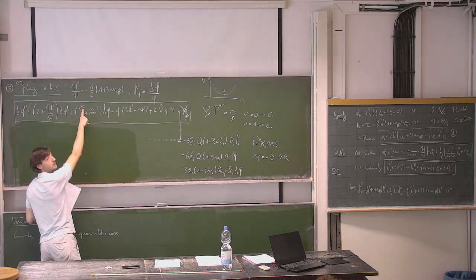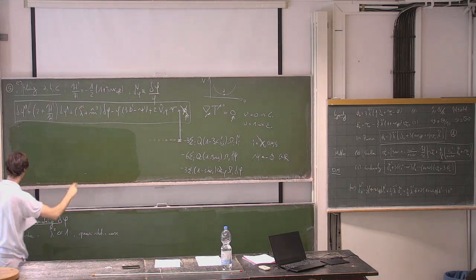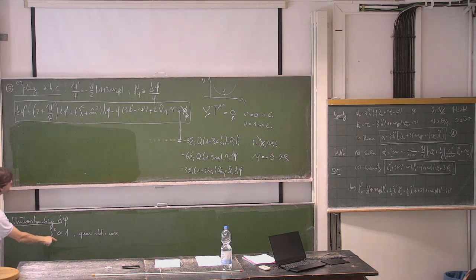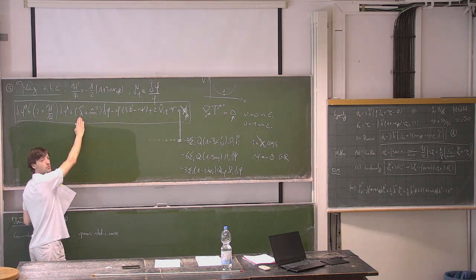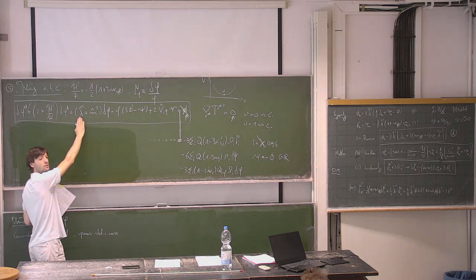There was a very important minus 2 here. Because if this term is very small, it means that this is going to dominate over all other terms.